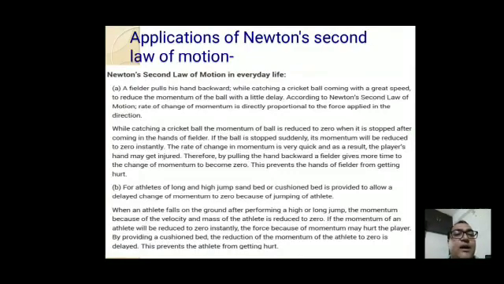By providing a cushion bed, the reduction of the momentum of the athlete to zero is delayed. This prevents the athlete from getting hurt. So students, here also it gets more time and he will be less injured. That's why after long jump or high jump, sand or a cushion is provided.